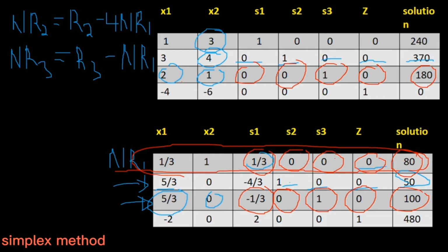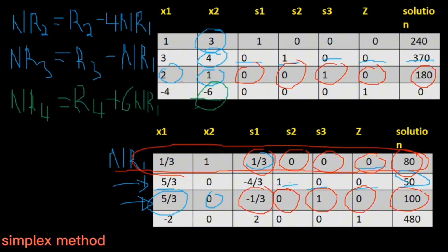Then let's find the new R4. New R4 is equal to what? We are having this R4, that is R4 plus 6 new R1. Since we have already a 6 here, and our objective is to have a 0 at this level, that is 6 plus 6... no, negative 6 plus 6 is 0.